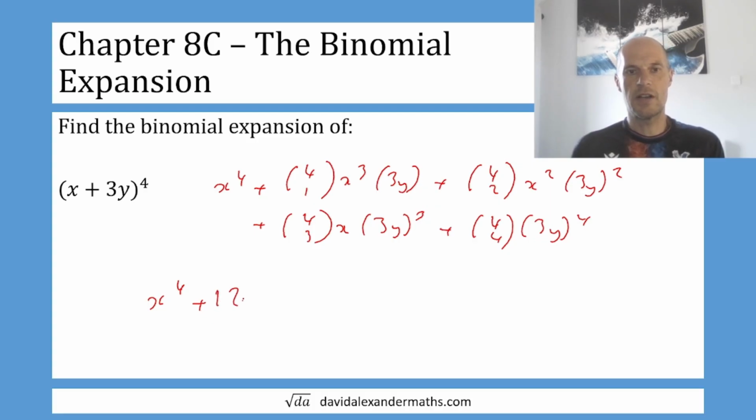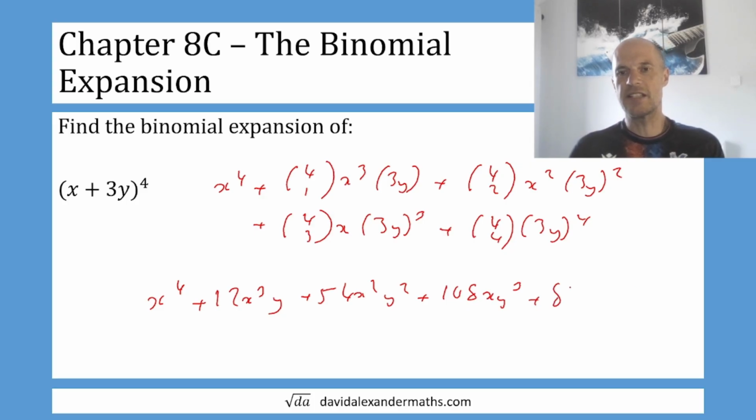So that's 12x cubed y. 4 choose 2 times 9 is 54x squared y squared, plus 4 choose 3 times 27 is 108xy cubed, and 4 choose 4, again I know that that's just 1, but what's 3y to the power of 4? 3 to the power of 4 is 81, so that is plus 81y to the power of 4. Done.